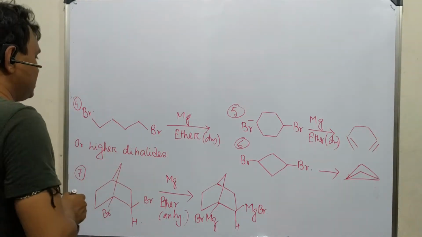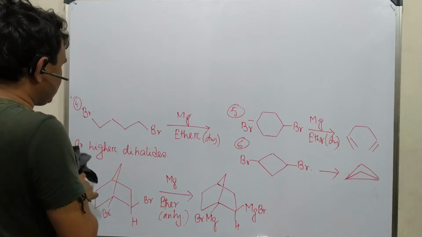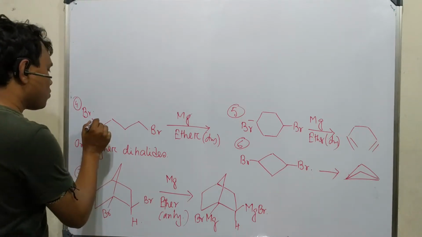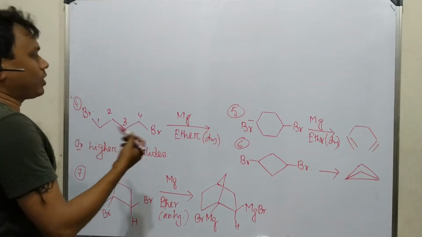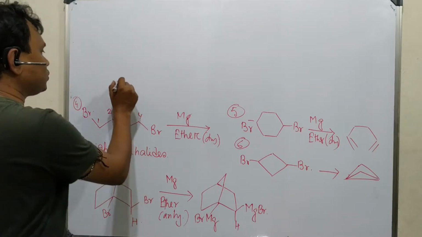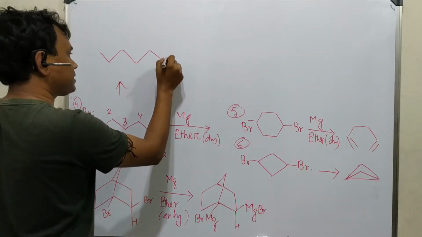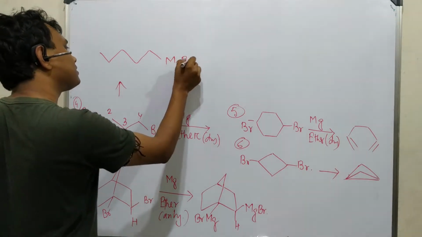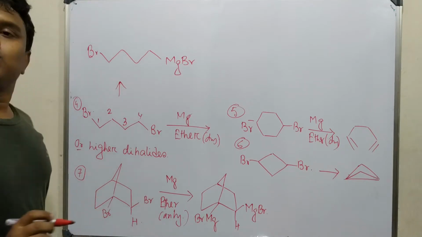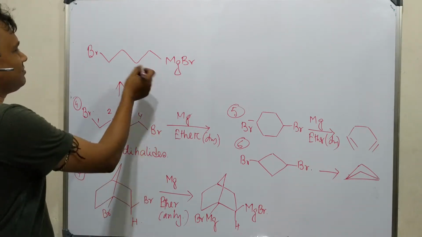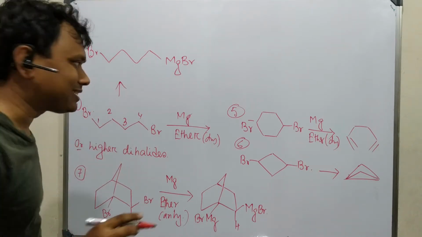Now you can see this is actually 1,4, 1, 2, 3, 4, or higher, meaning 1,5 and 1,6. As in the first stage, it is expected that this reagent will be produced. Right now if it forms, it's a 4-member ring formation, so not that stable.